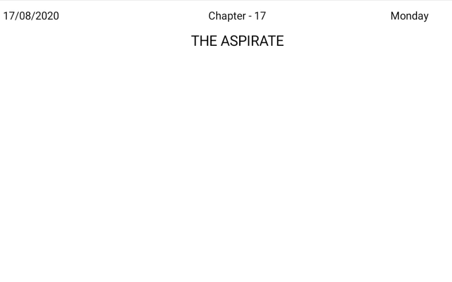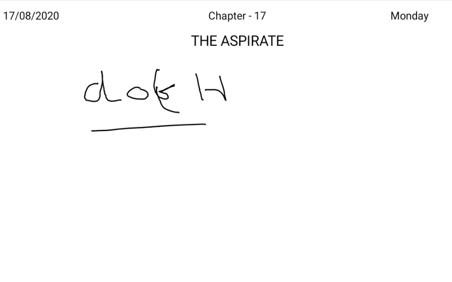Next, there is another form of H that is called dot H. Wherever the upward form of H or the downward form of H is inconvenient to write in the middle of the word, we represent the sound of H by placing a small dot before the vowel which has to be aspirated.